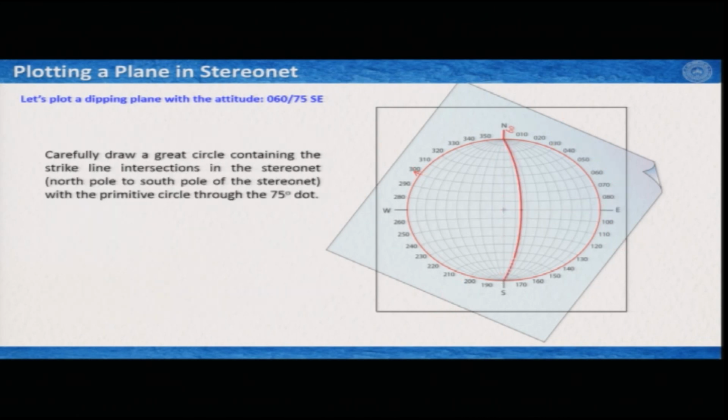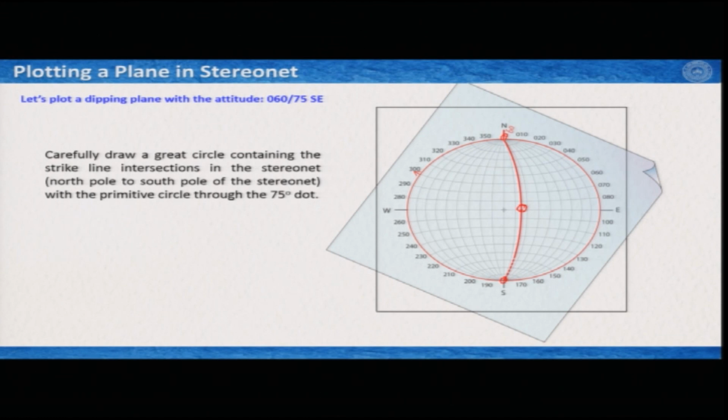Now, this task requires a little skill, but with practice you can do it very easily. What you have to do is carefully draw a great circle containing the strike line intersections, that means your north pole and south pole, and the 75 degree dot that you have made in the previous step. These other great circles which are printed below would guide you to draw the great circle.